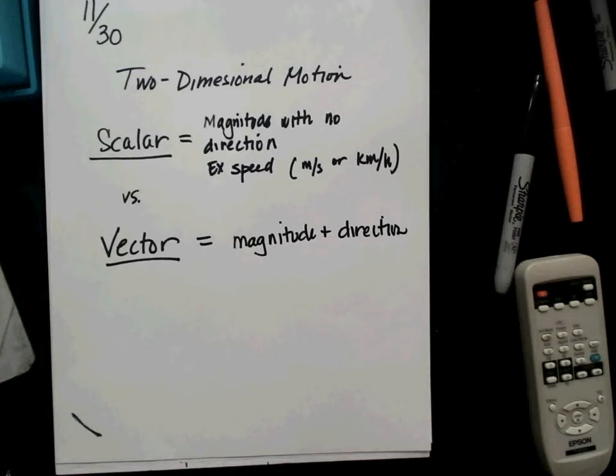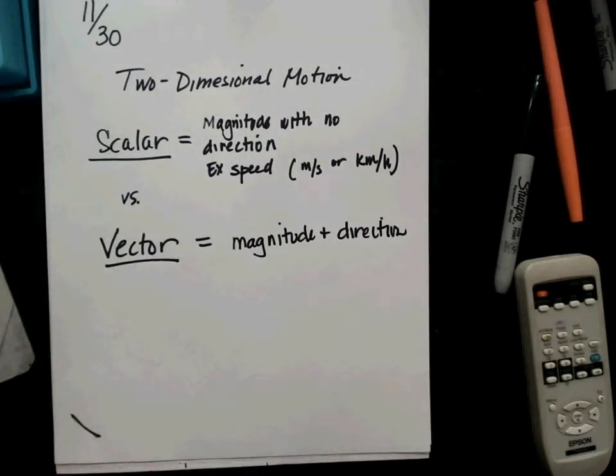Give me an example of a vector quantity. Would it be like displacement, like meters per second squared? What do you have to be a vector? A magnitude and what's the big thing? A direction. What's the difference between speed and velocity?